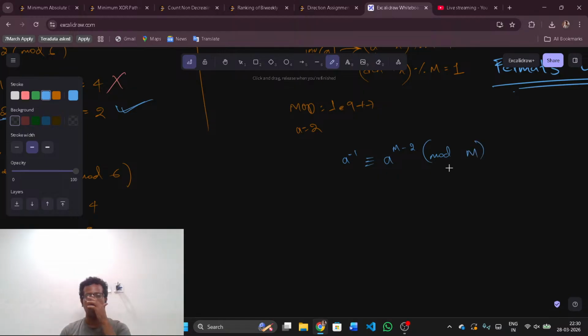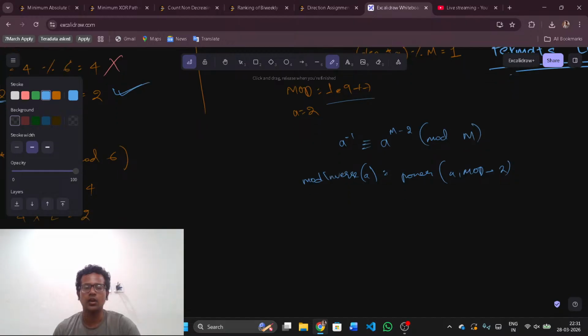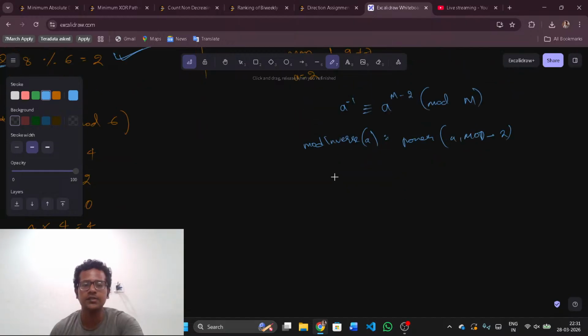Here m is 10^9 + 7. So the mod inverse of A is power of A comma mod minus 2. Now, inverse of 2 will be 2 power mod minus 2.